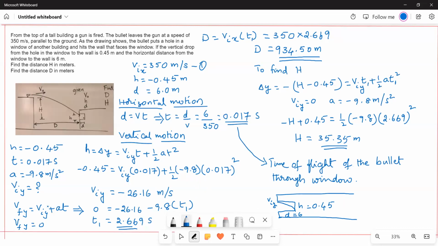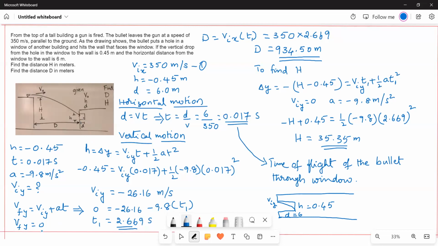Next I have to find out the time of flight of the bullet, the entire time from the starting point to coming to rest. That I will find out using the equation Vf is equal to Vi plus at. The final velocity is equal to 0 because the bullet finally comes to rest after hitting the wall.